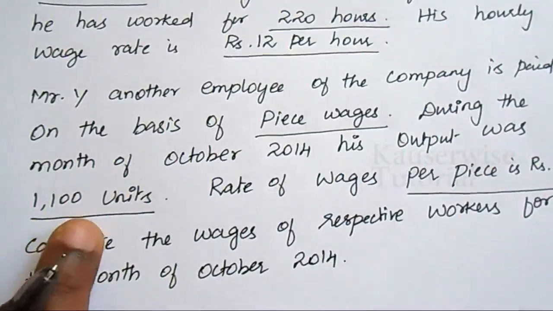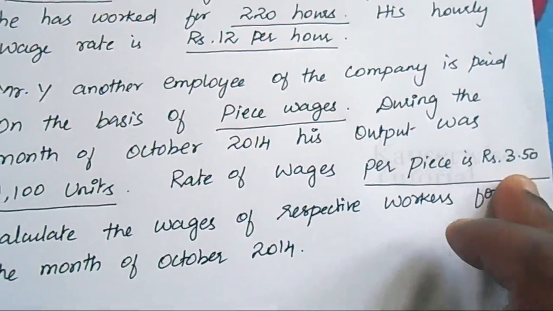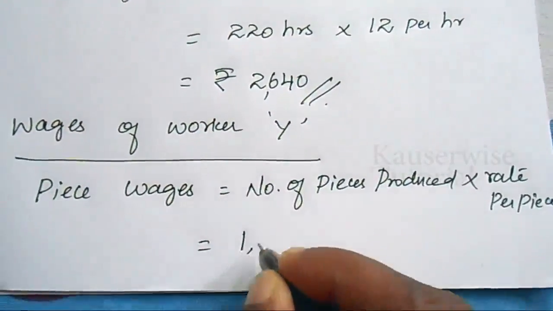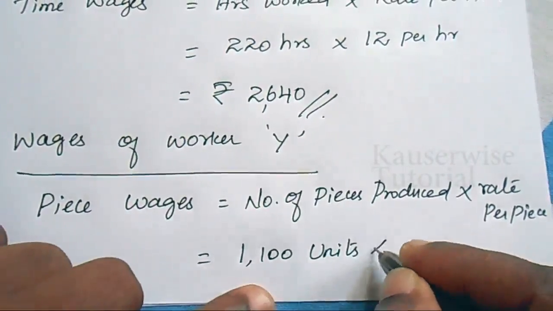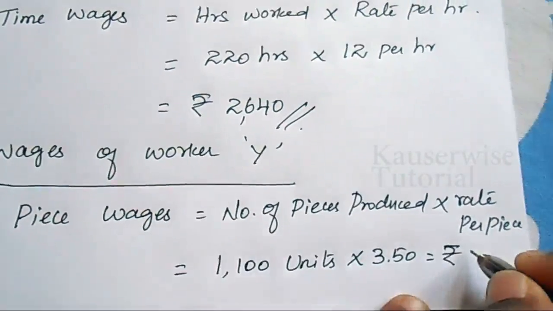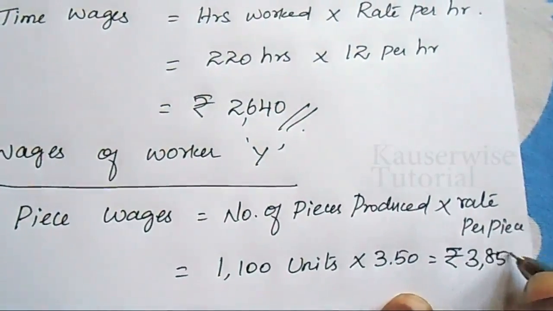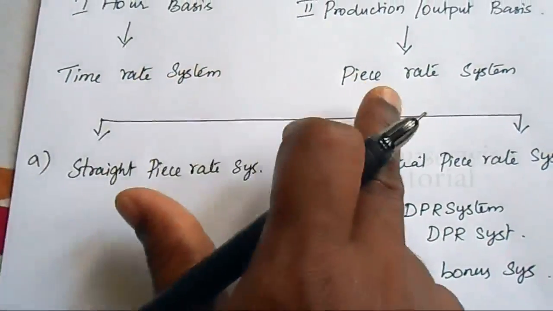Output was 1100 units. Rate per piece is 3 rupees 50 paise. 1100 units into 3 rupees 50 paise. What is the answer? 3850. That's all. So now we are clear about time rate and piece rate.